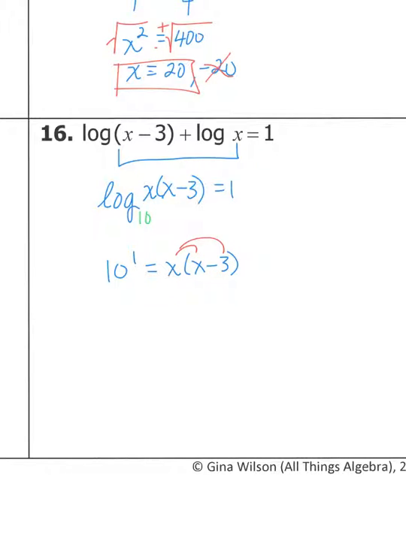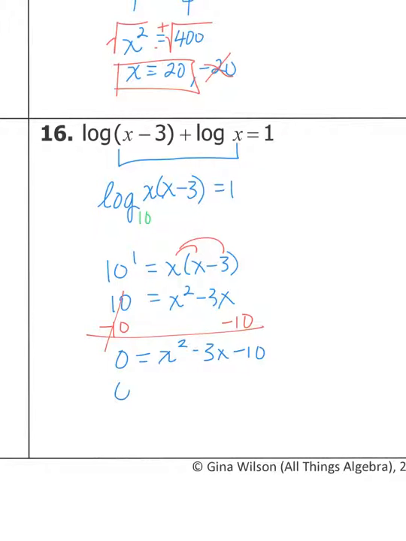To solve, I'm going to need to distribute. So I get 10 equals x squared minus 3x. Since I have an x squared and an x term, I need to move the 10 over here and set one side equal to 0. So subtract 10 from both sides. 0 equals x squared minus 3x minus 10.